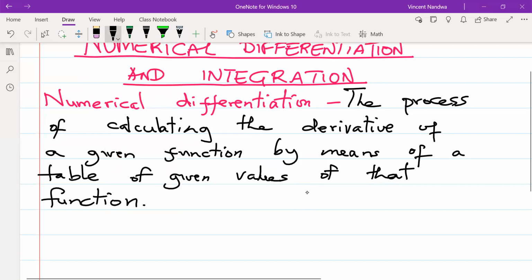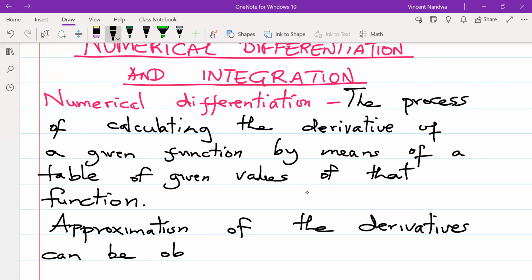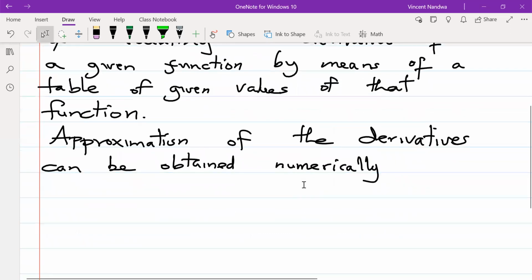So to carry out numerical differentiation, or simply approximation, the derivatives can be obtained numerically using the following two approaches.